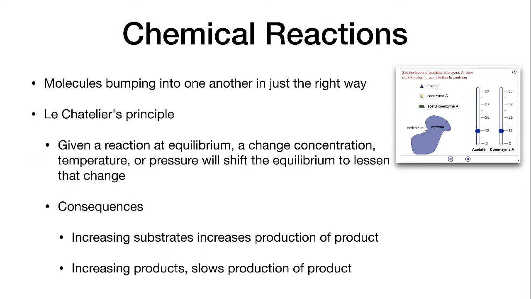Conversely, if you increase the amount of glucose 6-phosphate, this will inhibit the forward reaction because it will be harder for the glucose and ATP to find each other in all those glucose 6-phosphate molecules. So the consequences are increasing substrates increases production of product, and increasing products slows the production of product.